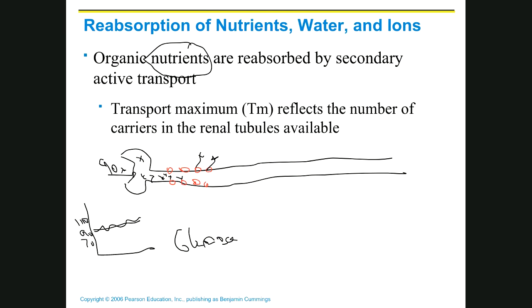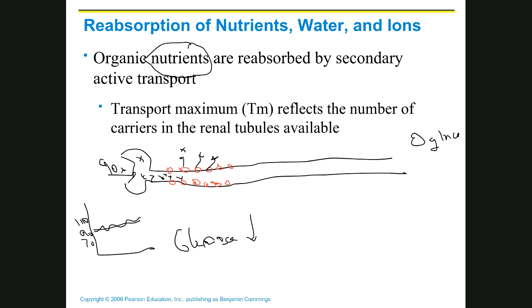Well, as long as the glucose is below a certain amount, every bit of the glucose is going to get grabbed. And so when I get over here, I'm going to have 0 glucoses. But I don't have an unlimited number of these carriers. I only have a certain number. And so they only can get out up to a certain number of glucoses. And if you get above that number, glucoses are going to escape.